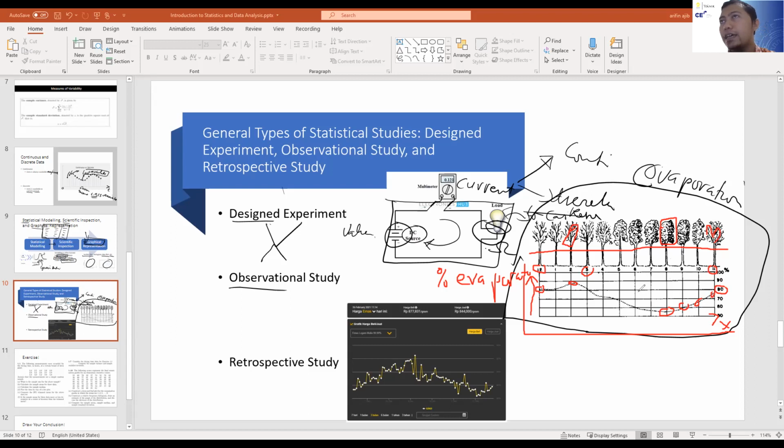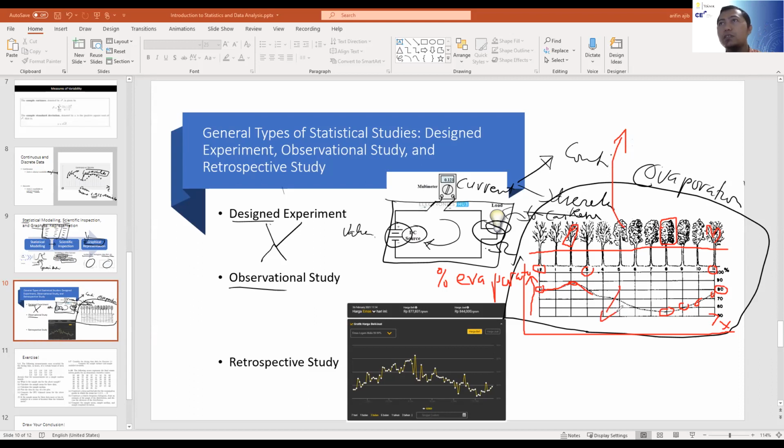This means that this phenomenon, we cannot control. We cannot control the evaporation at the soil, right?